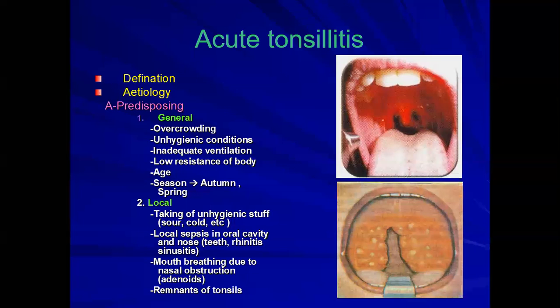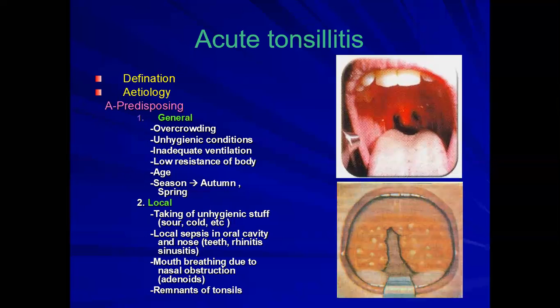And locally: taking unhygienic food, sour things, cold things, local sepsis in the oral cavity and nose, such as teeth, rhinitis and sinusitis, and mouth breathing due to nasal obstruction, adenoids.